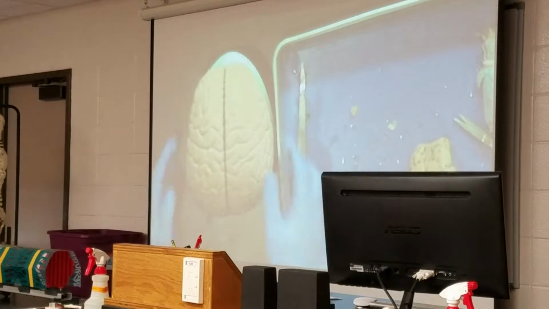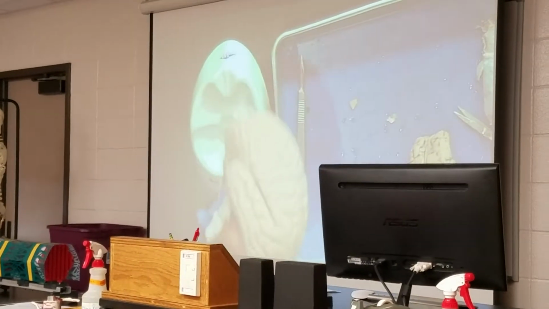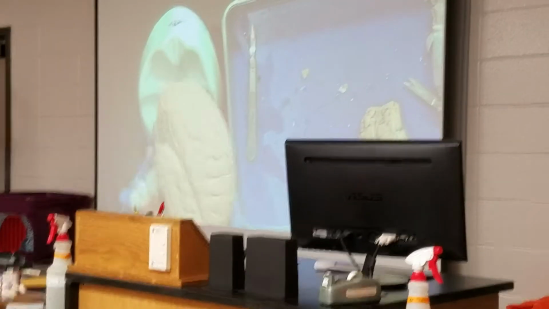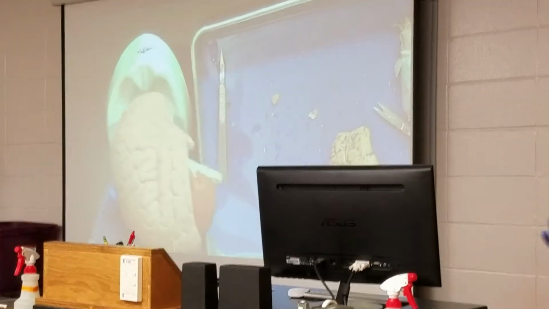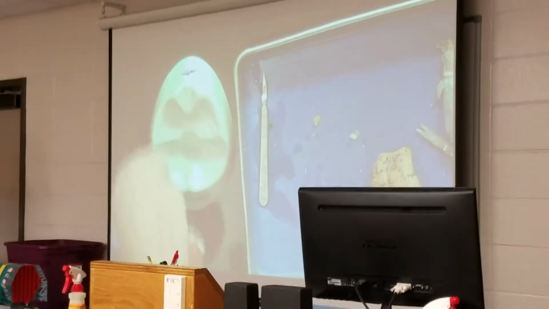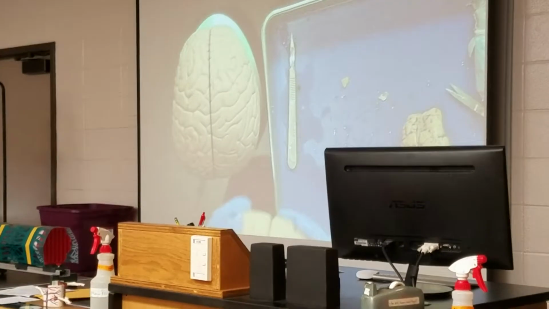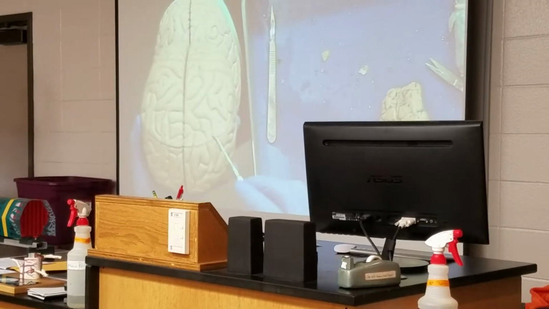Okay? But then we have other specific sulci, like the lateral sulcus right here on the side, laterally. And then you have, although it looks like it's made up, the parieto-occipital sulcus.